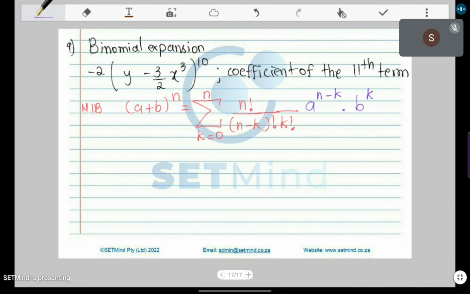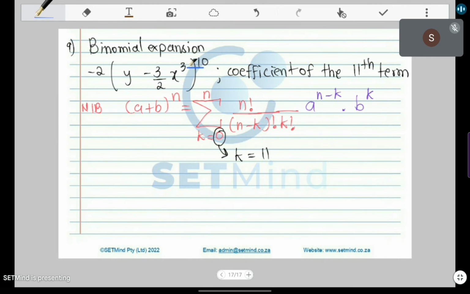Okay, so let's see. So the 11th term, that's when k is gonna be 11. And guess what?